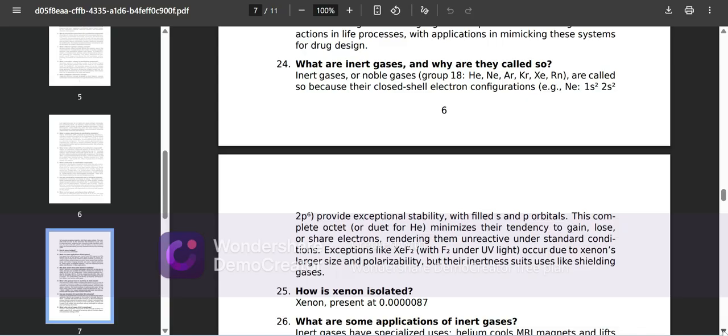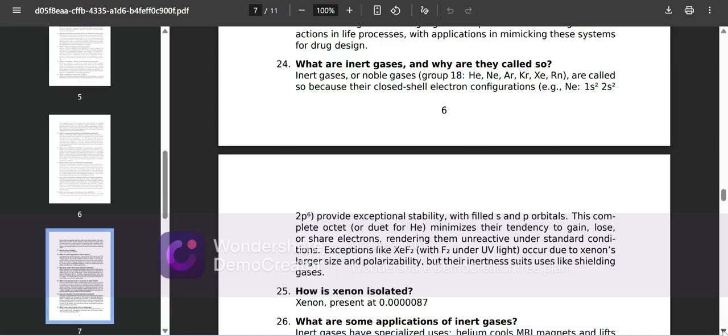These complete octets, or duet for helium, minimize their tendency to gain, lose, or share electrons, rendering them unreactive under standard conditions.